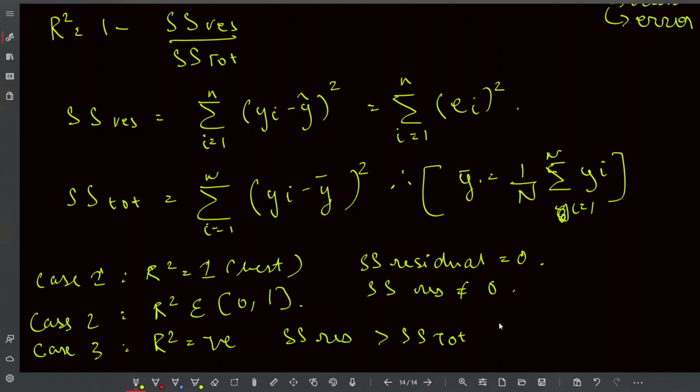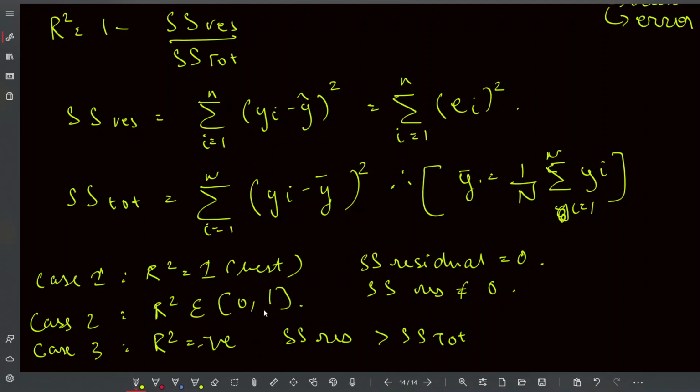SS total is given by a very simple regression model, which is yi minus y mean, right? And if SS residual is much greater than SS total, that means it's performing even worse than a simple model. So R square negative is not a good thing. You should avoid it if you get a negative value of R square.